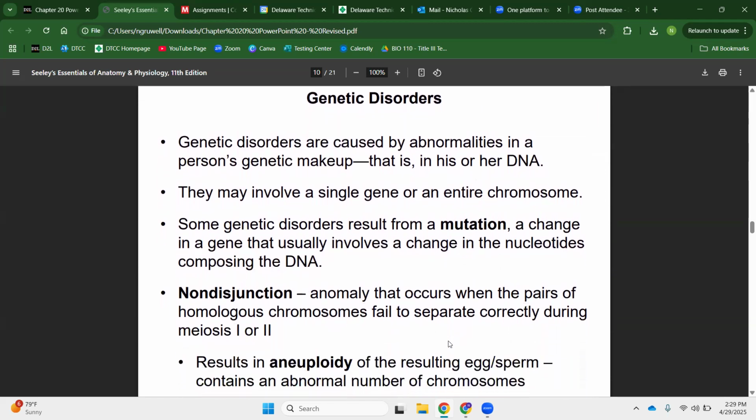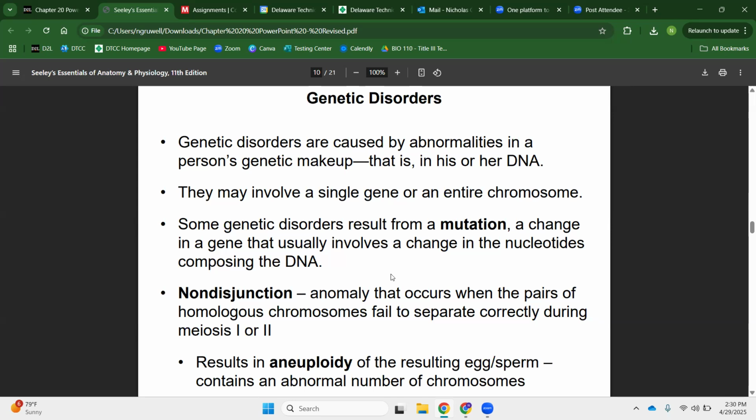All right, the concept of genetic disorders: they are caused by abnormalities in our genetic makeup. So that's obviously within the DNA. This might involve a single gene, one small section of a chromosome, or it could be an issue with the entire chromosome, which would affect multiple traits.